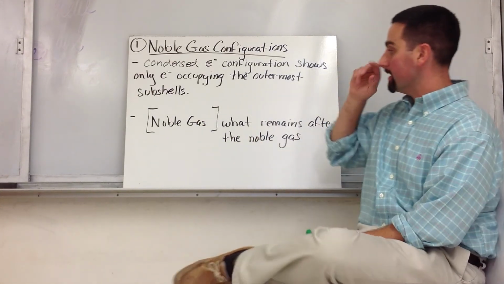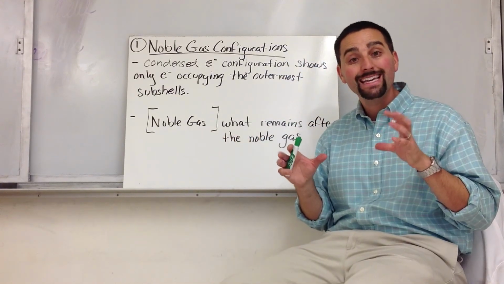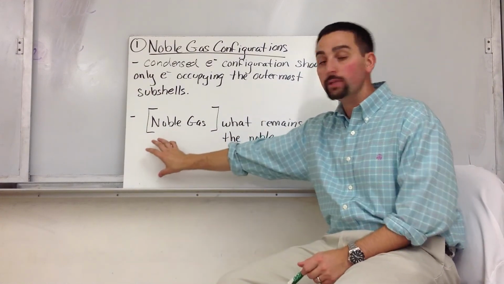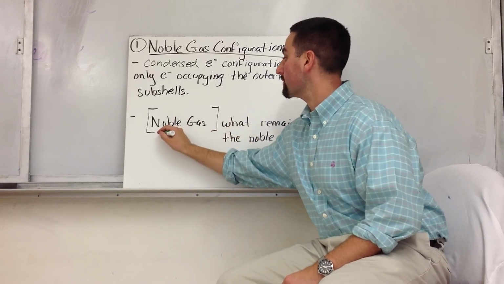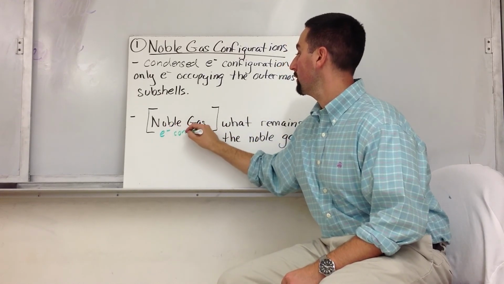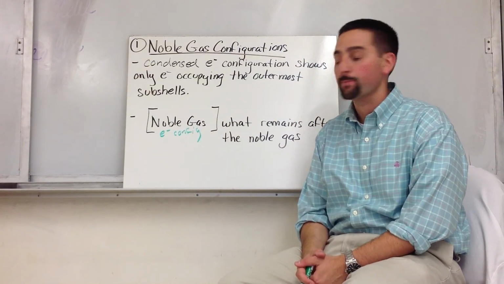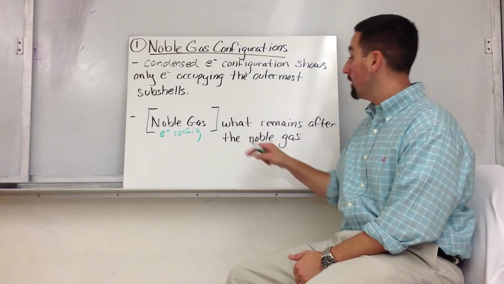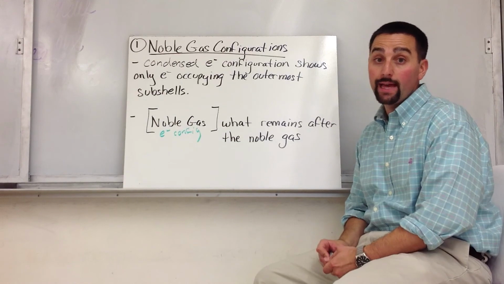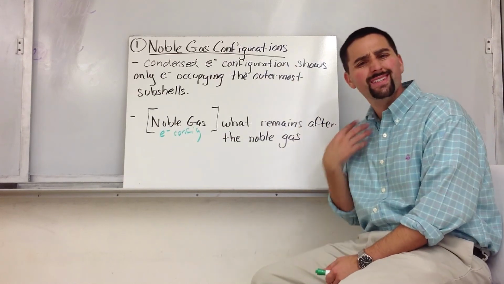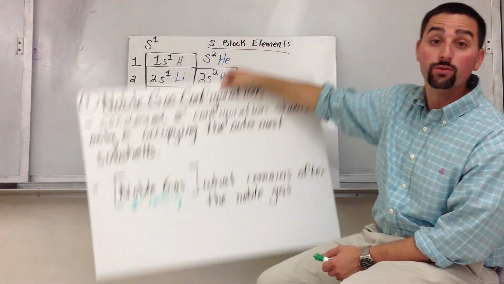What you're basically doing is taking the configuration of the noble gas and condensing it by representing that configuration with the elemental symbol of that noble gas, which really shortens these. And then what remains after the noble gas configuration is written next. We're going to do a few of these so you can see them and make sense of them. They're a nice short way to do configurations.